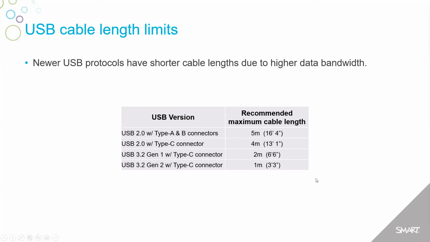We looked at HDMI cables a few slides back. The HDMI forum does not specify maximum recommended cable lengths in the same way that the USB forum does. So it's a little more difficult to identify your maximum appropriate cable lengths for HDMI. Smart typically recommends 7 meters or less for HDMI when you're using 1080p or 4K at 30 hertz refresh rate.